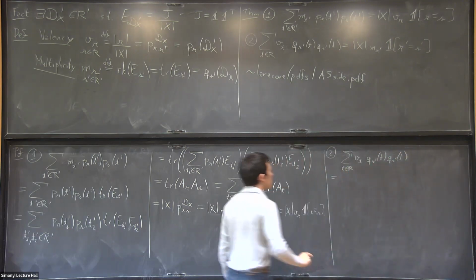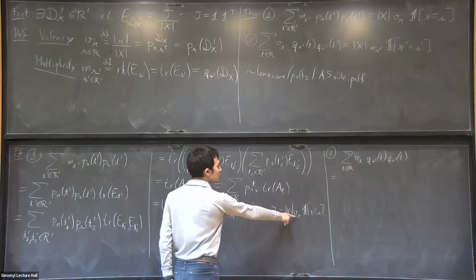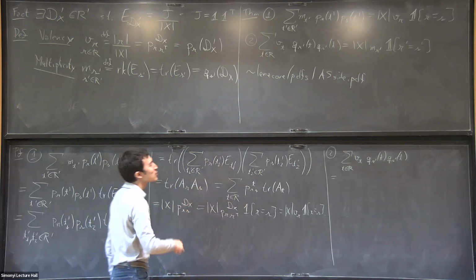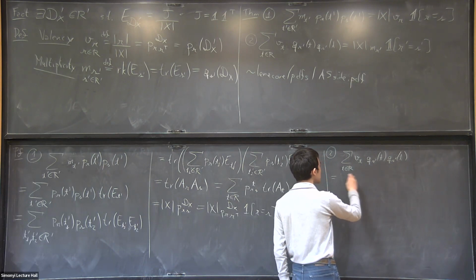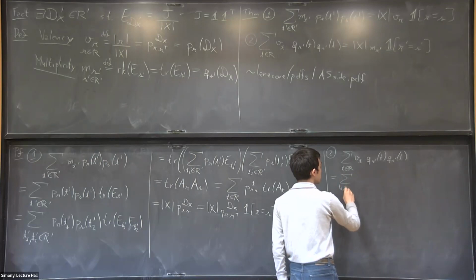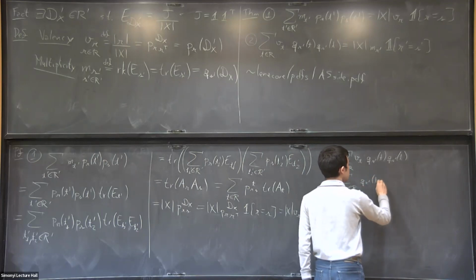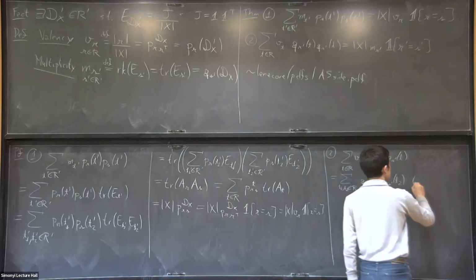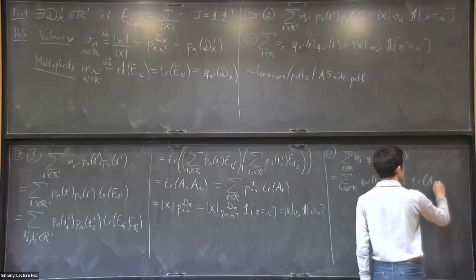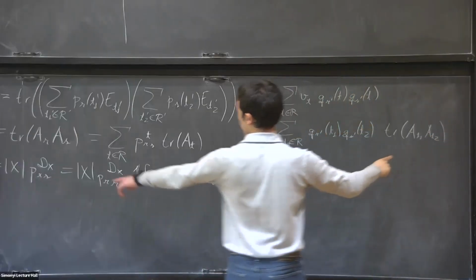Okay, so what I'm going to do is the last step of this thing backwards. I have some sort of expression for VR going on here, and I'm going to use this here. So what I can do here is say this is the same as the sum over T1, T2, and R of Q_R' T1 times Q_S' T2 times the trace of A_T1 A_T2, except that I have to normalize by the X here.